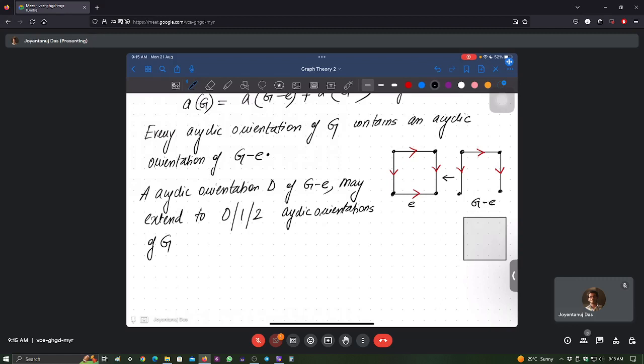So if I draw like this, this part I keep the same, but now I give this direction. So this is also acyclic, right? So from here to here, this is also an acyclic orientation of G, right?